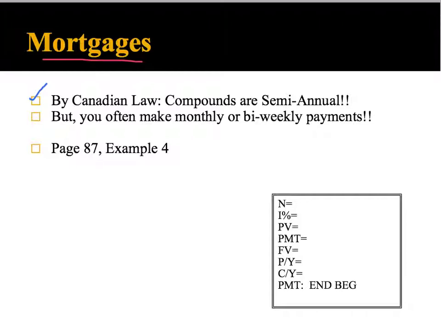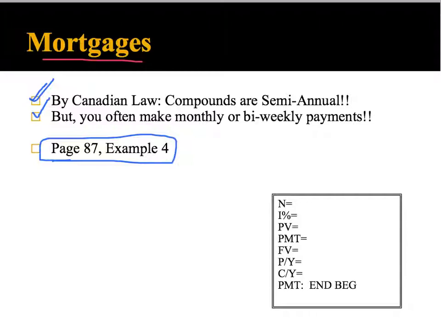So by law, every one of these is semi-annual in Canada, but you often make monthly or bi-weekly payments. So we'll see on page 87, example 4, that there is a problem here with monthly and bi-weekly payments versus compounds that are semi-annual, but it can be fixed so easily.